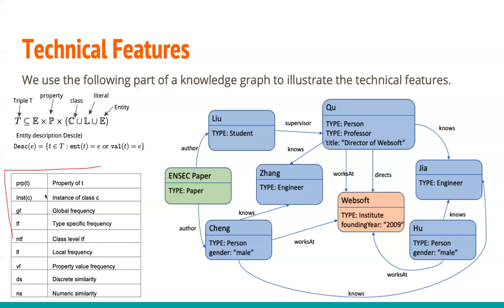Then we have global frequency, and type specific frequency, that means frequency measured for a certain type. And then we have class level frequency, local frequency, and property value frequency. Also down the road, we look at measuring similarity of certain property values. We will come across discrete similarity, that is binary, true or false, and numeric similarity, how to measure similarity of numerical values. So let's start.